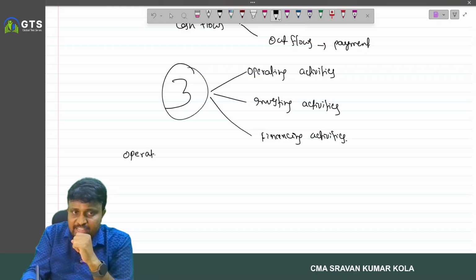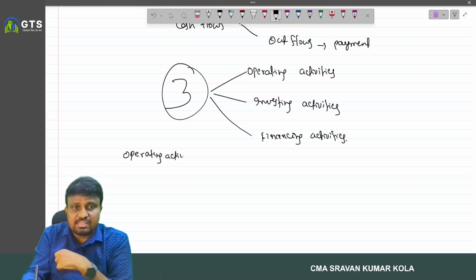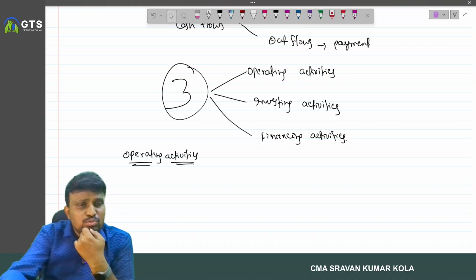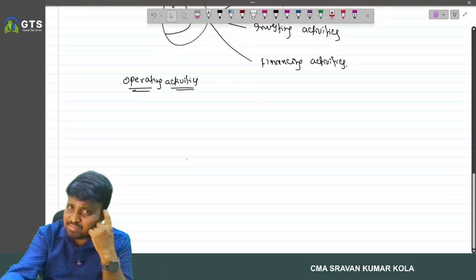First, operating activities. Which items are covered under operating activities?